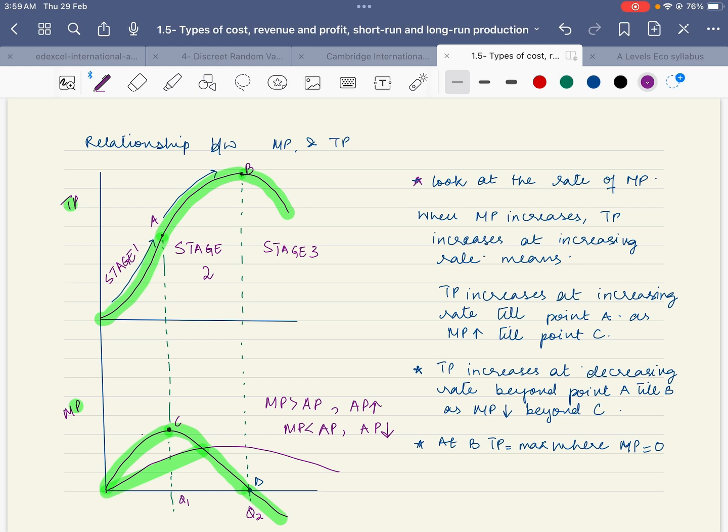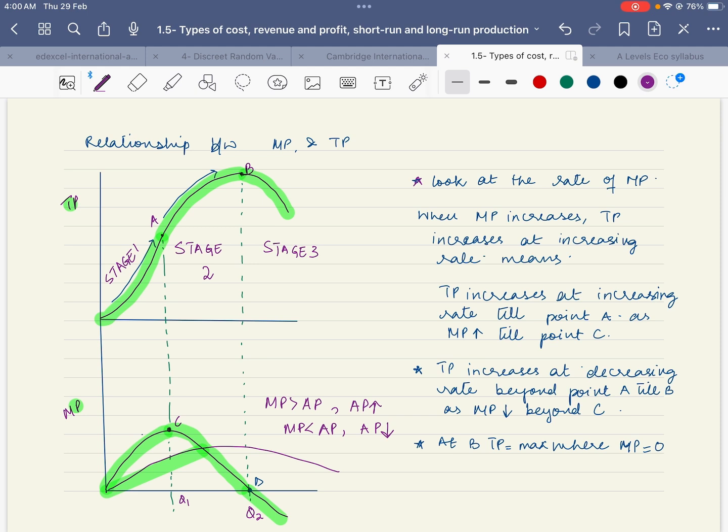So the relationship between total product and marginal product is that when marginal product increases, total product increases at an increasing rate. When marginal product starts decreasing, total product increases at a decreasing rate. Total product starts declining where marginal product is zero.